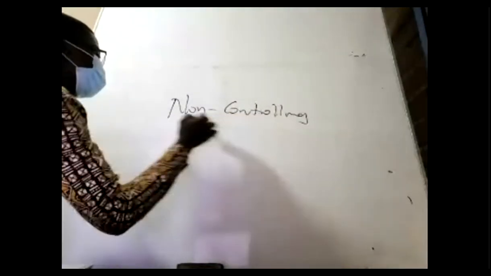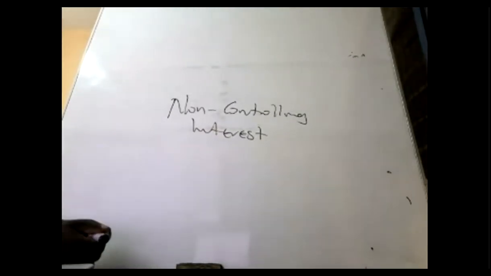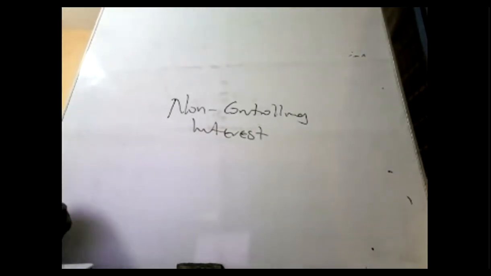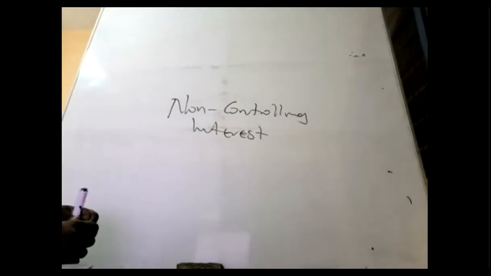Formerly, we called them minority interest, and they said we were insulting them, so now we call them non-controlling interest, not minority. This refers to the portion of the profit and loss or the net asset of the subsidiary attributable to the equity interest that is not owned.